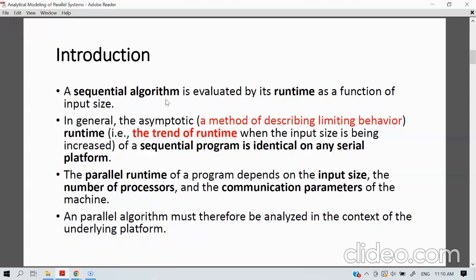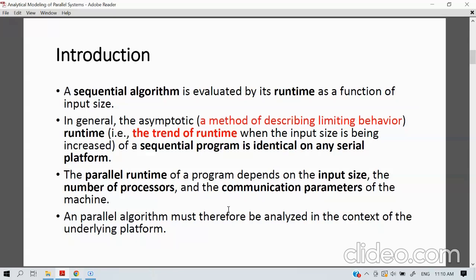So as you can see, the sequential algorithm's runtime basically depends on input size only, either small or large. Okay. However, the parallel runtime depends on three factors. First is input size, second is number of processes, and the third one is the communication parameters.